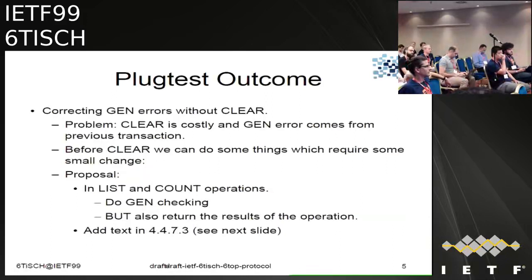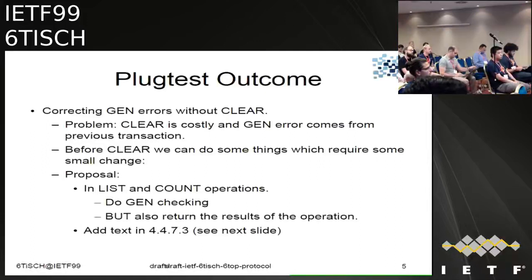Okay. This is another point. When for some reason a generation error is detected, when we maybe allocate cells and for some reason we lose an ACK, and then one side of the allocation fails, and one side allocates the cells but the other one does not, we have an inconsistency in the schedule.